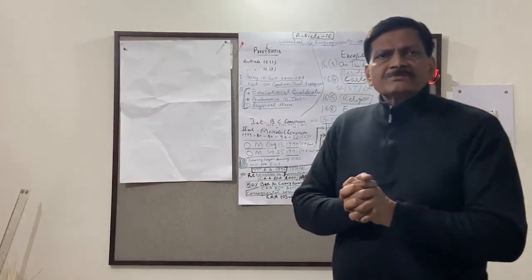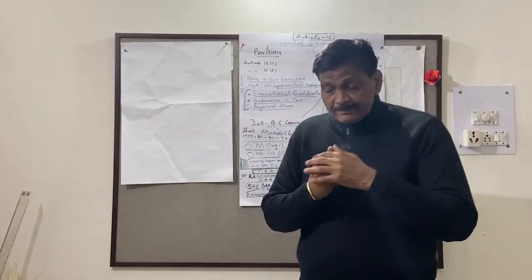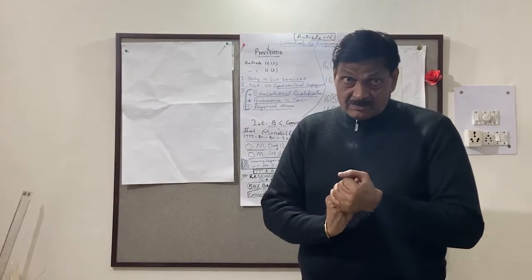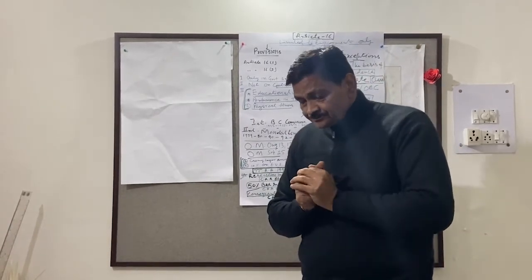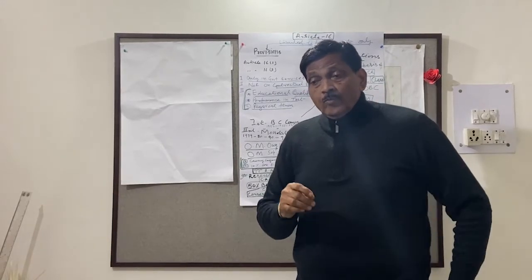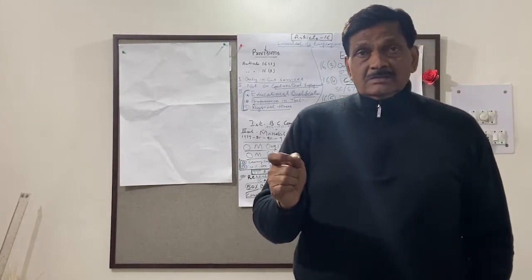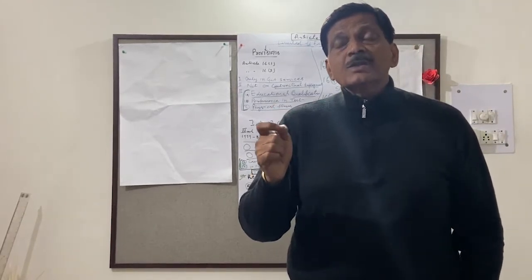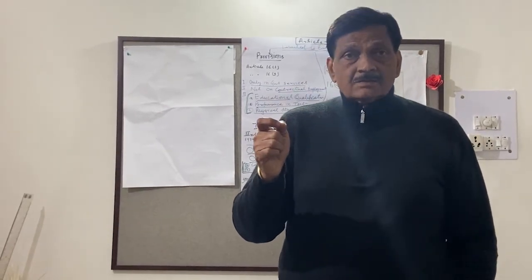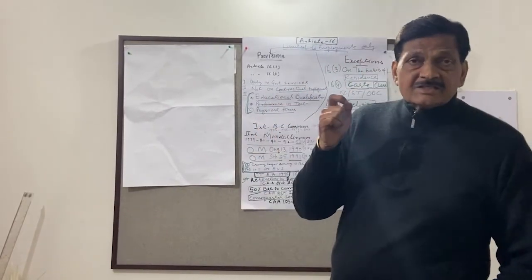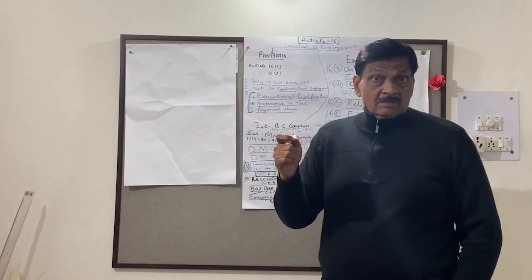Now, at the end of this lecture, I would like to give certain queries which you will have to answer paragraph wise. The first query is, what is the constitutional provision of various commissions, for example, the SC, ST Commission and Backward Class Commission?